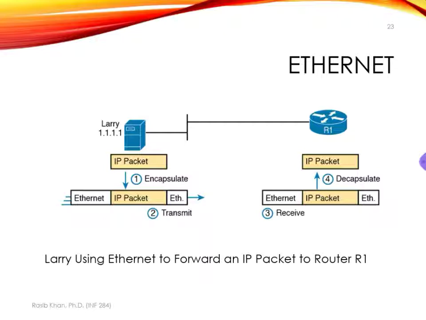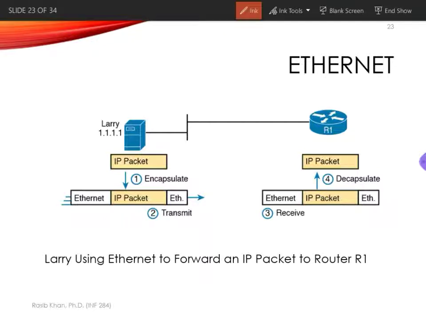So if we go further down the layer, in the data link layer, we have the Ethernet protocol, which is the most common protocol for LANs. And what it does is that it has an operation that we call encapsulation.